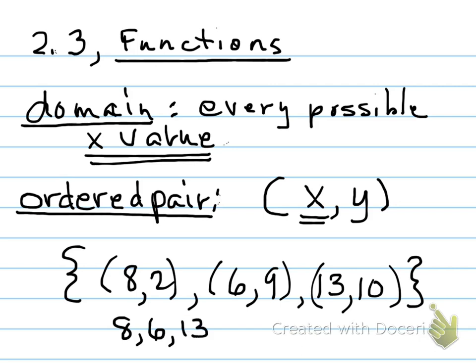So the set of all possible numbers for the domain for this particular function are these numbers. Now, when you're doing your examples, your numbers will come up different. Each example comes up with a different set of numbers, but all you have to do for the domain is find all of the possible x values.